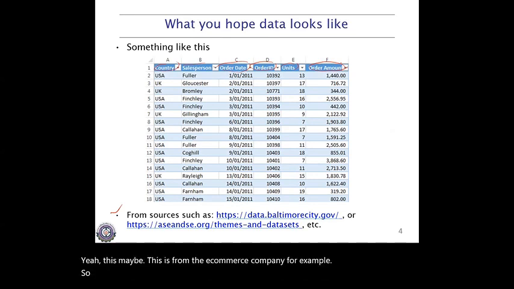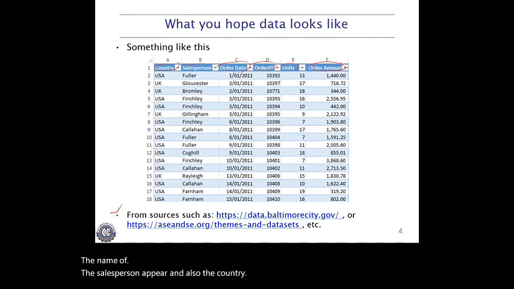The name of the salesperson appears, and also the country, and the date of the order, or even the order ID and the units, how many units were sold by the salesperson, and the order amount. So it is clearly mentioned here.